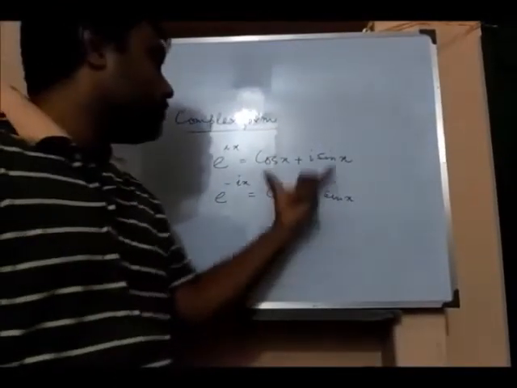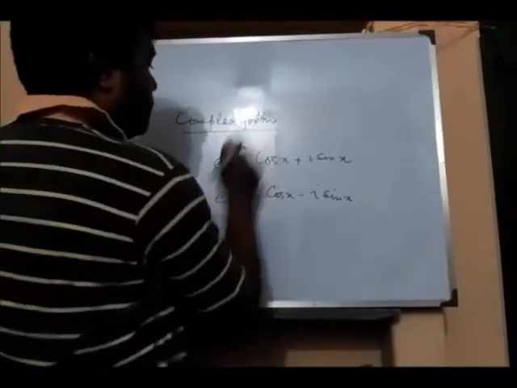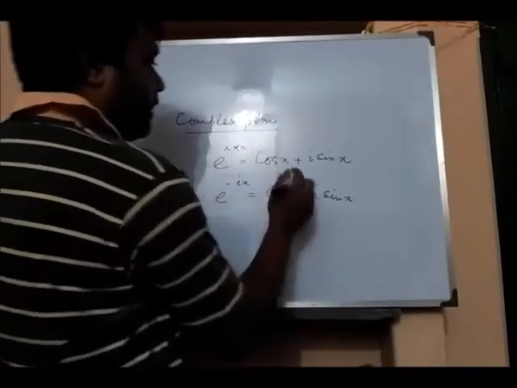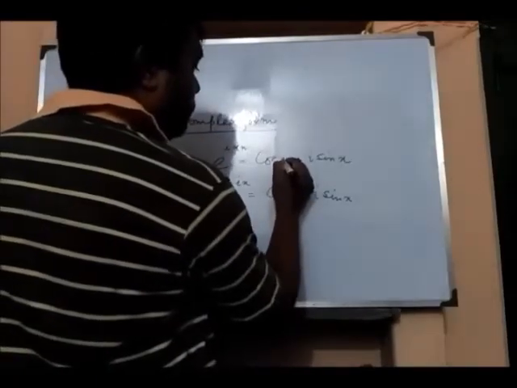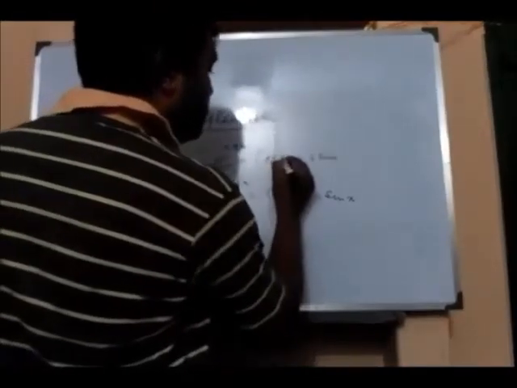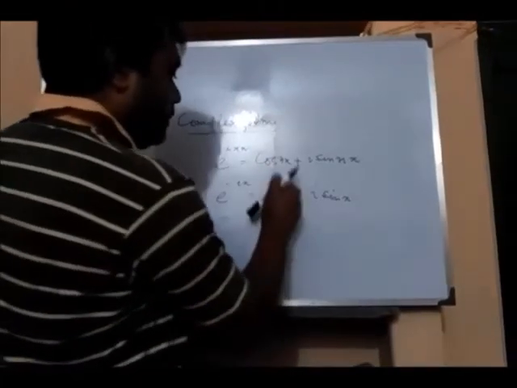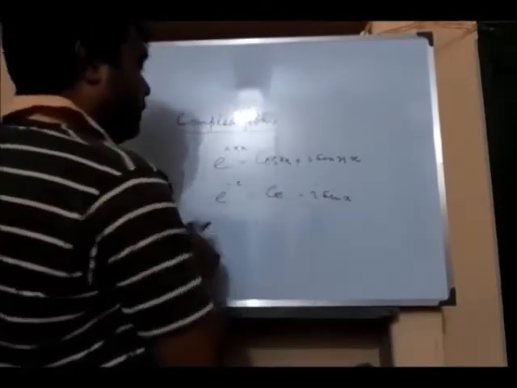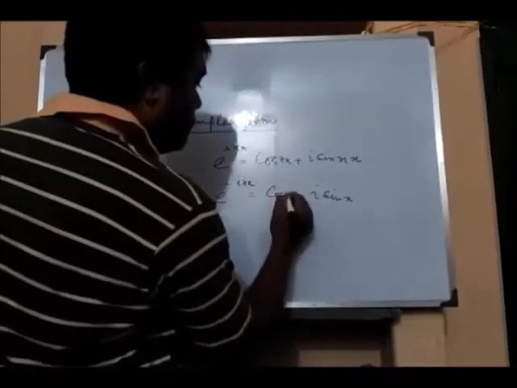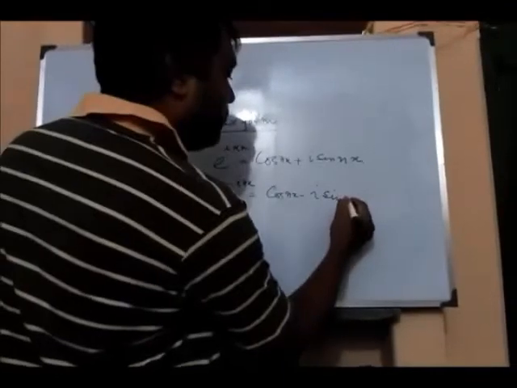So if these two are true, then for e to the power i nx, this must be equal to cos nx plus i sin nx, and e to the power minus i nx should be cos nx minus i sin nx, right?